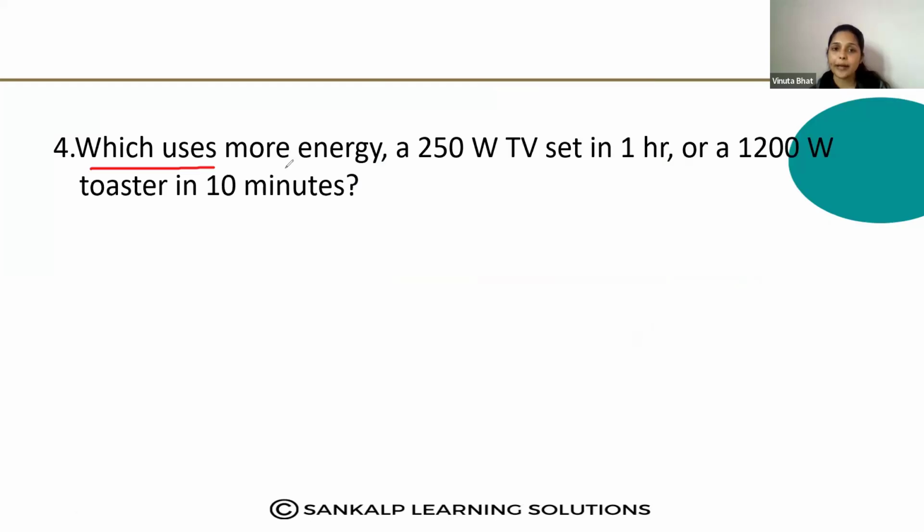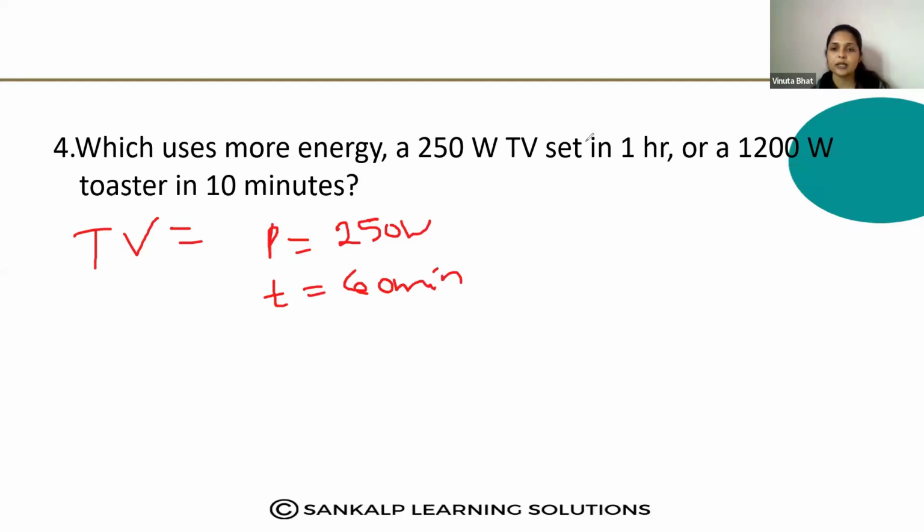Which uses more energy? A 250-watt TV set in 1 hour or 1200-watt toaster in 10 minutes? Here, what is the power of the TV? That is 250-watt TV. And what is the time? That is 60 minutes I will take. Okay, 60 minutes, that is 1 hour.